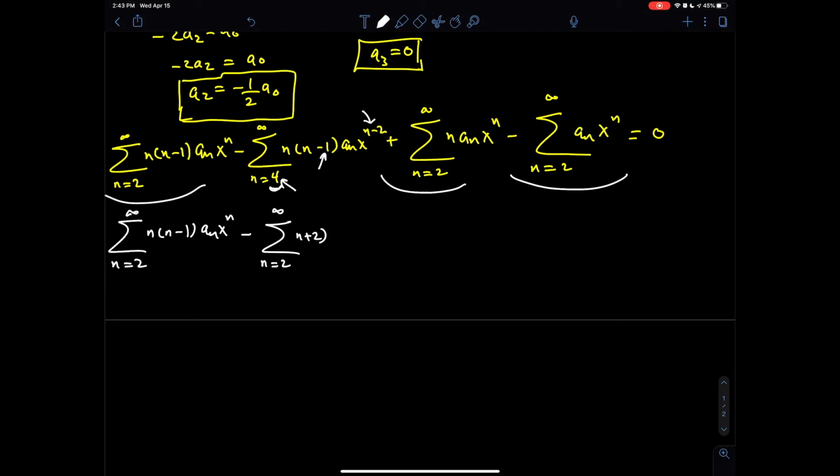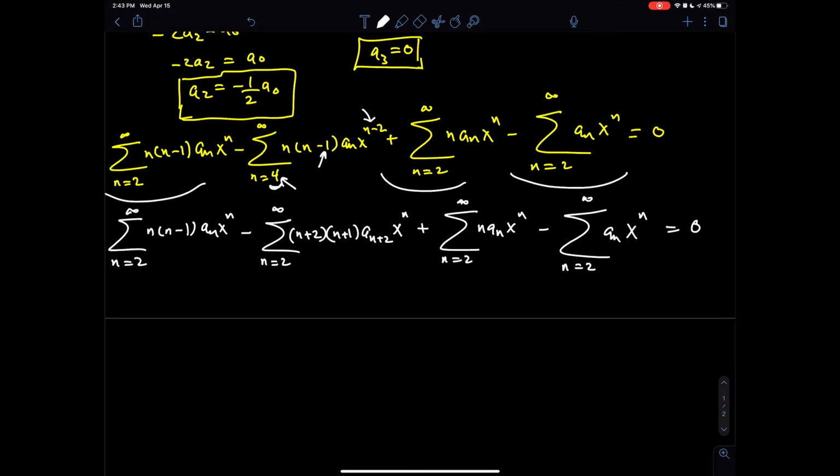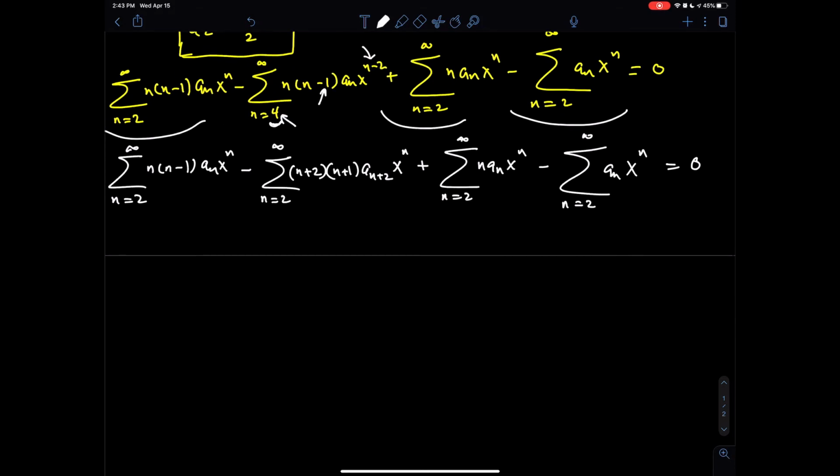So n plus 2, n plus 1, a n plus 2 x to the power of n, and I'll just rewrite the rest of it, equal to 0. So now all my indices are the same, all my powers are the same, so thank God. So now I could combine the whole thing into one power series.